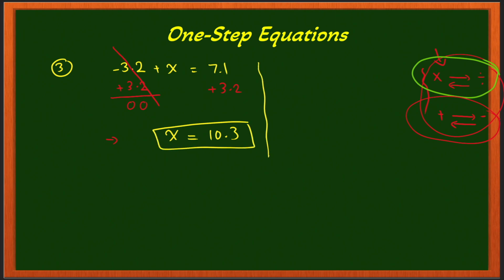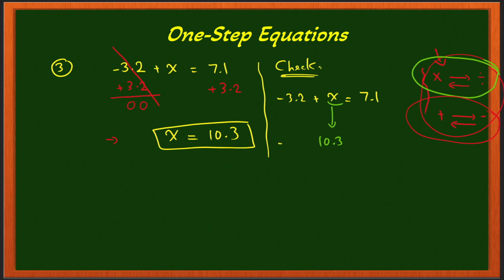Check your answer. Very quick. Rewrite the equation. Negative 3.2 plus x equals 7.1. And use substitution. Now we know that x value is 10.3. And we want to make sure that this is correct.